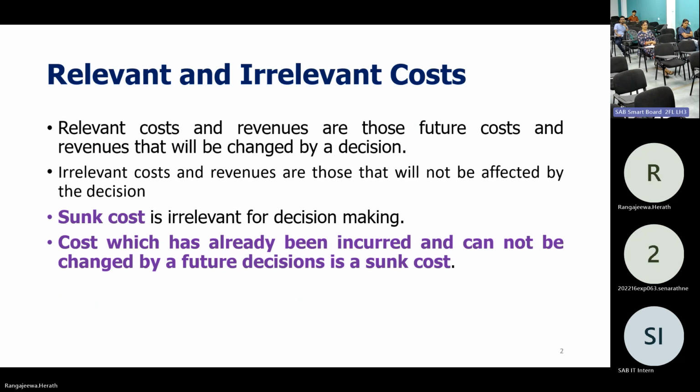When you are going to take a future decision, we want to decide. Okay, now this material is not used by the business at the moment because the product that we manufactured using this particular material, we have discontinued the production. Right? We had several production lines. So one particular product produced using this particular material is no longer produced.